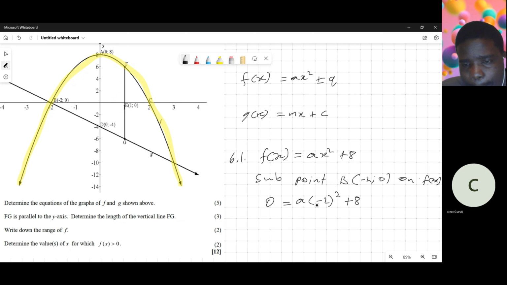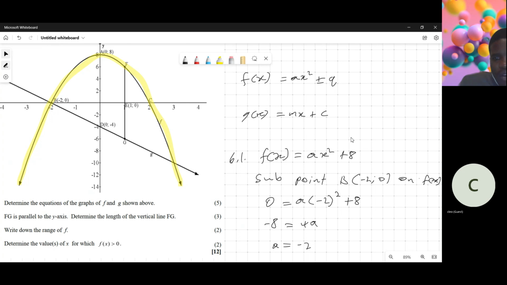Then we have to solve now for a. So take a this side. This is going to be -8 is equal to 4a. Then divide both sides by 4. a is equal to -2. Yes, a is negative, as we have indicated, since it's a sad face or concave down.